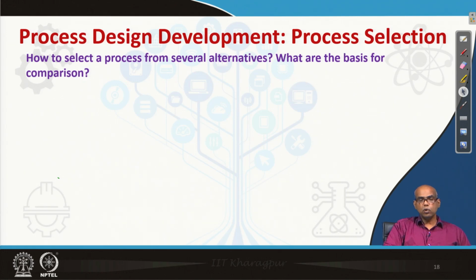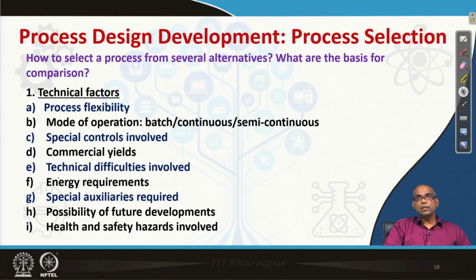So, how to select a process from several alternatives? What will be the basis for comparison? So, you are creating processes, you have created many alternatives. So, how will you select a process from several alternatives? Again, there will be several factors. There will be some technical factors, there will be some other factors.